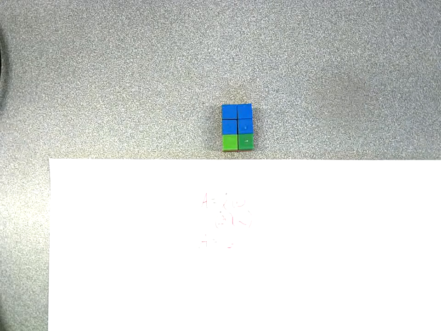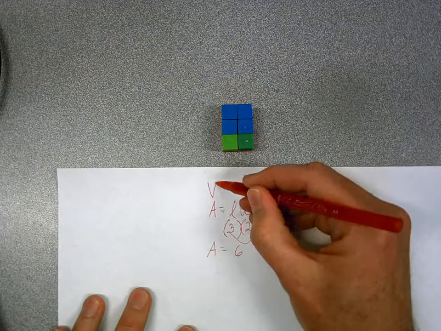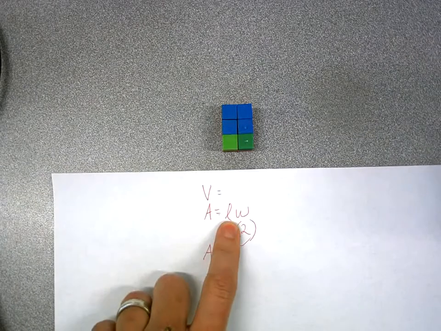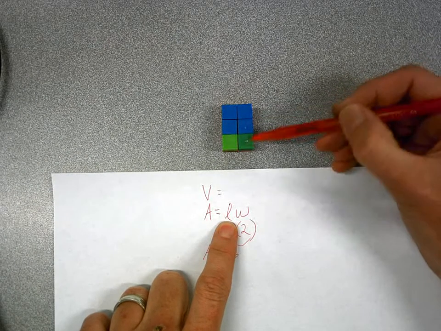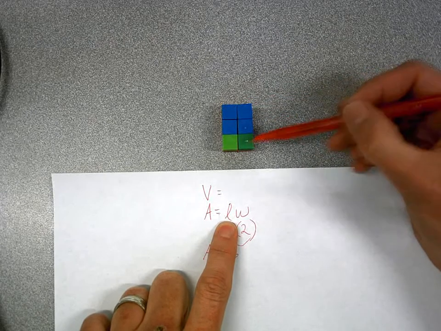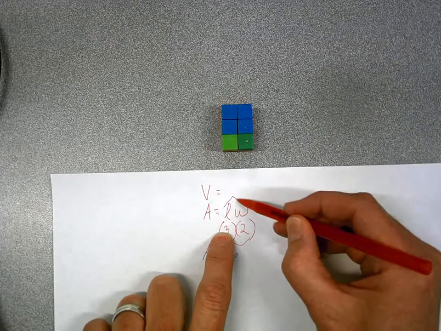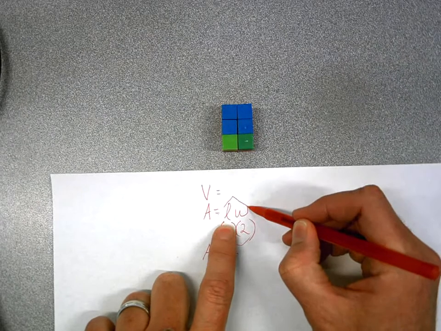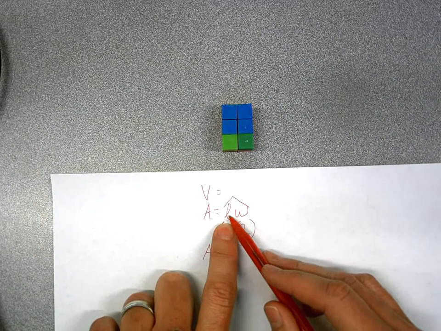So when you're talking about volume, someone realized you can find the volume of any prism by taking the area of the base, this top right here. Because it's a rectangular prism, the base is a rectangle, which is what we did here. Not every base is going to be a rectangle, so here's what they did.